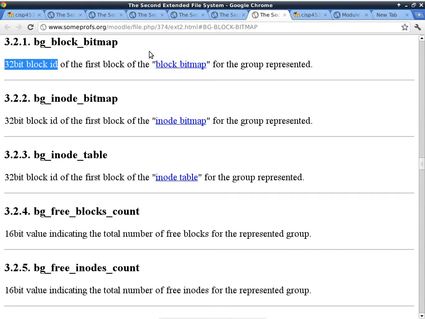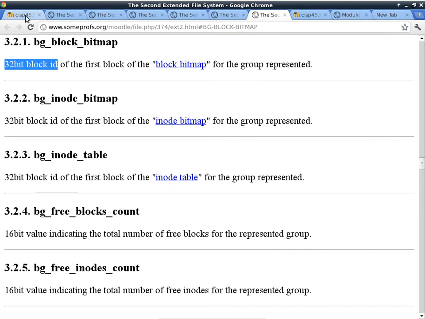Multiply that by 4096, which is actually pretty easy in hexadecimal, because 4096 in hexadecimal is 1000. So when you have a number here, you just have to shift it by 3 zeros in hexadecimal to get to the actual offset. I'll talk about that. Okay.